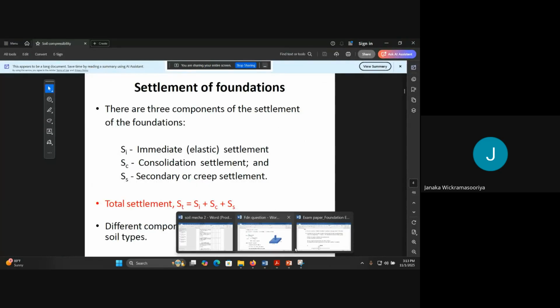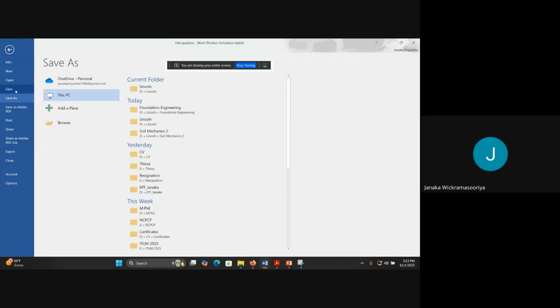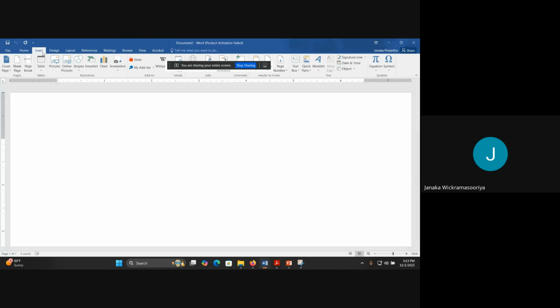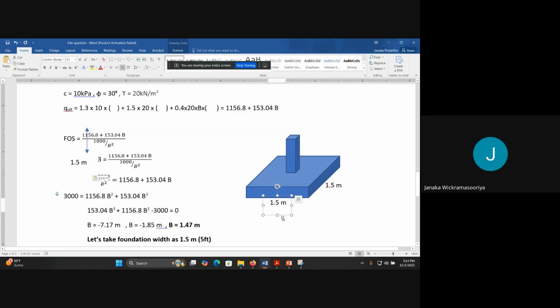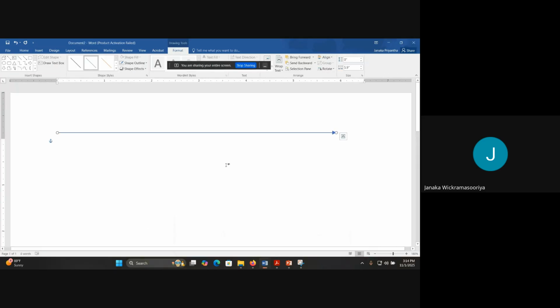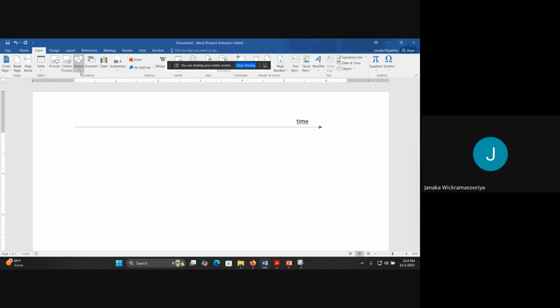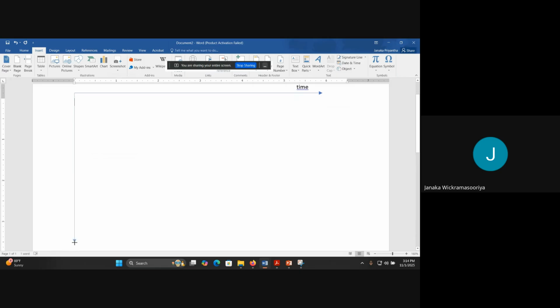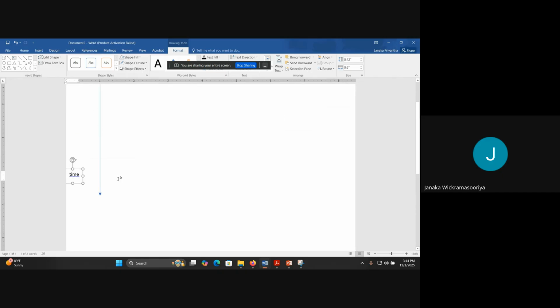Let me draw a graph here. I will take the x-axis as time, and the y-axis, this axis, would be the settlement.